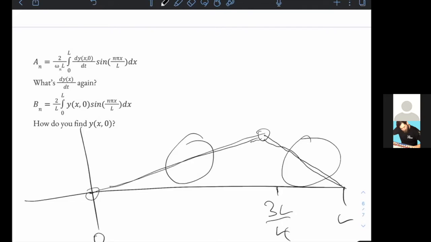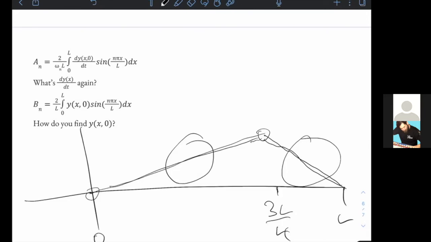For A sub n, we want to know the first derivative of y of x comma 0. And we know that the first derivative of a position equation is going to be velocity.